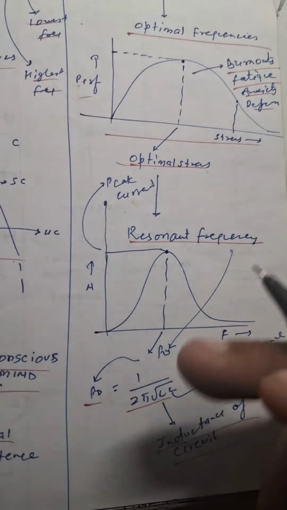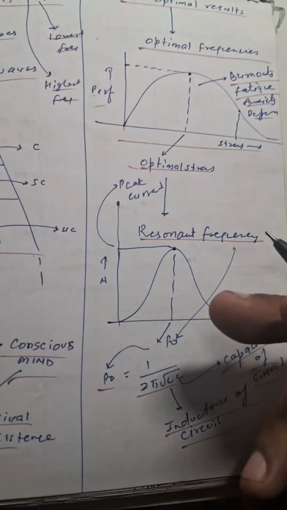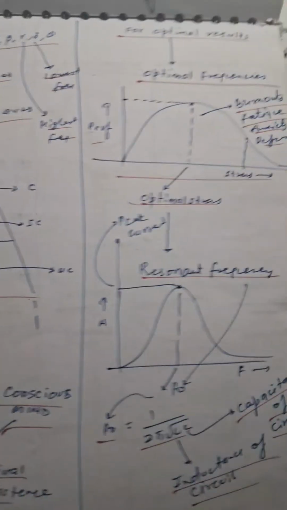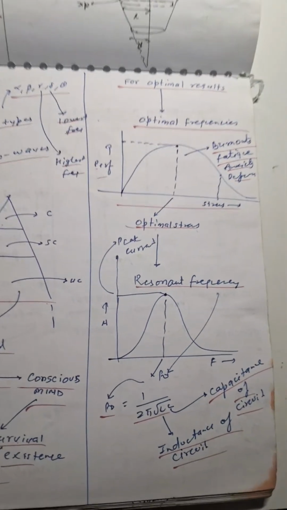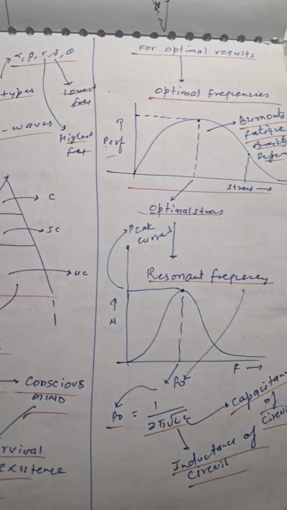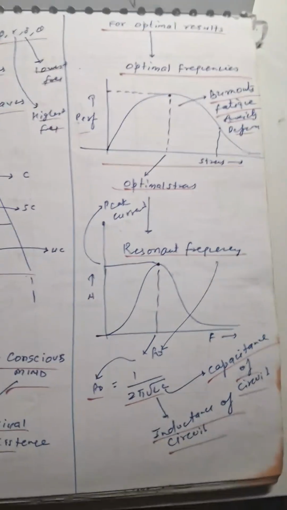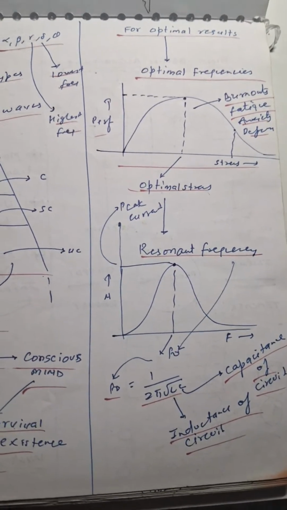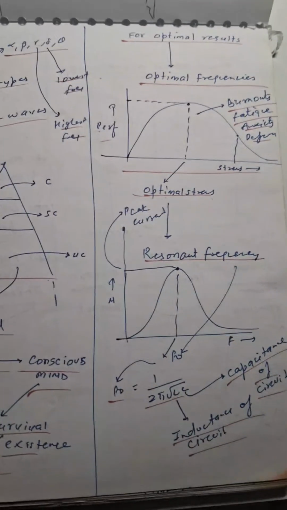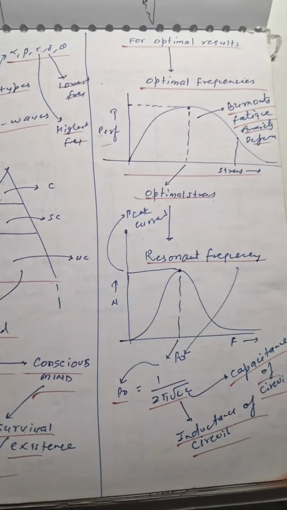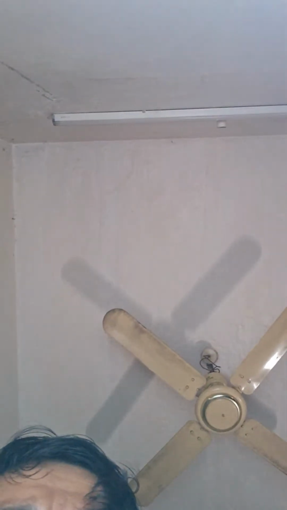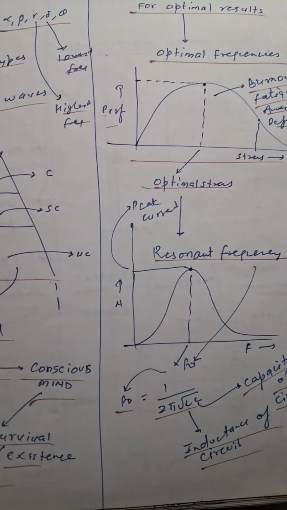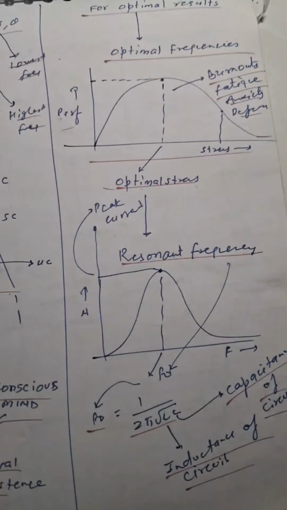So resonance in an AC circuit and resonance within yourself are very related to each other. This is how we can explain the orientations involved.